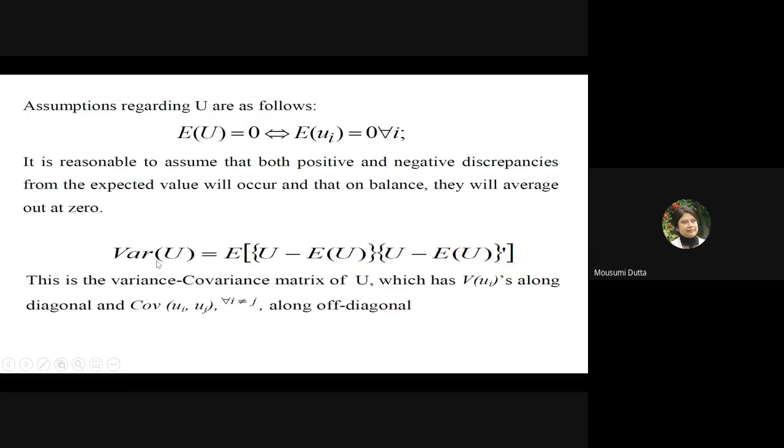So though I am writing var of u, it will give you both the variances as well as covariances. Now, how do we generally write this? Expectation of ui minus expectation of ui whole square, if it is variance, and expectation of ui minus expectation of ui into uj minus expectation of uj, if it is covariance.